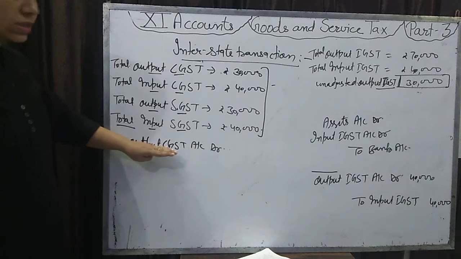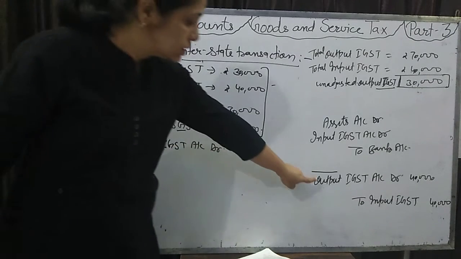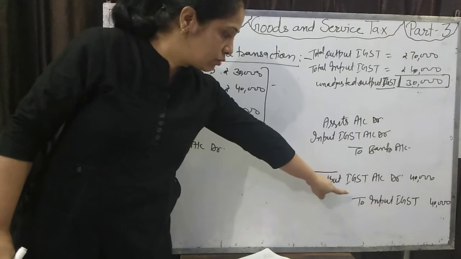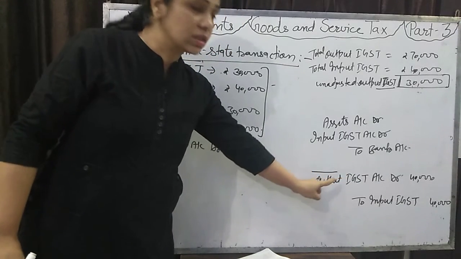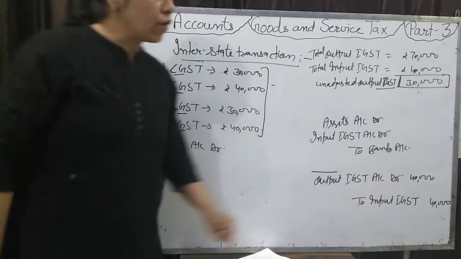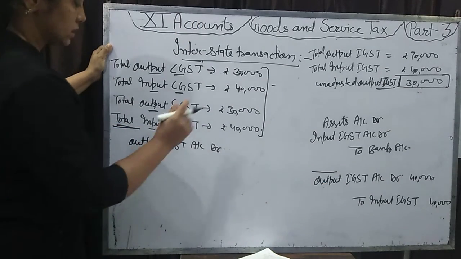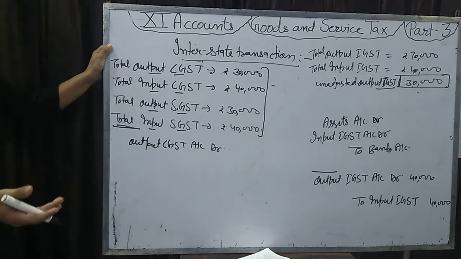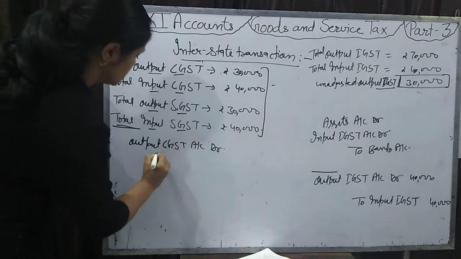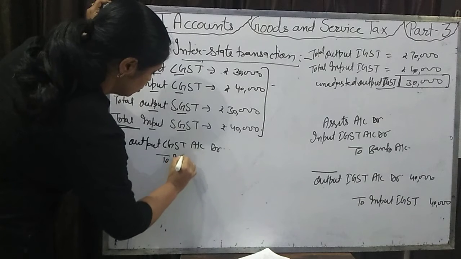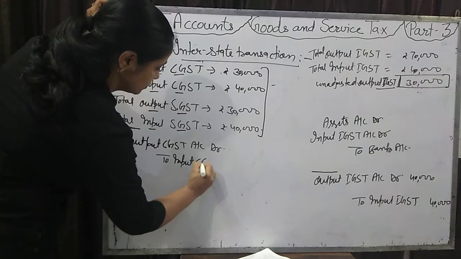Similarly, output IGST account debit to input IGST. This is the entry to adjust the output GST from input GST. We will adjust all the GST, CGST, SGST and IGST, from the input. Output CGST account debit to input CGST.